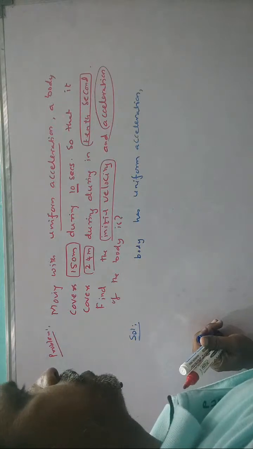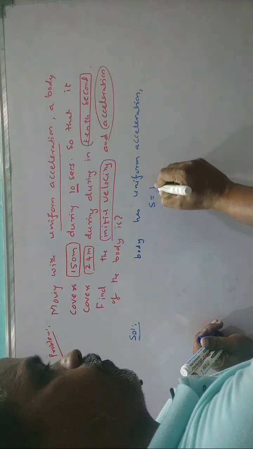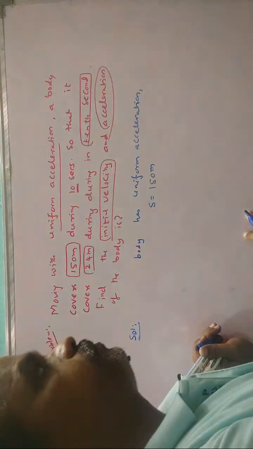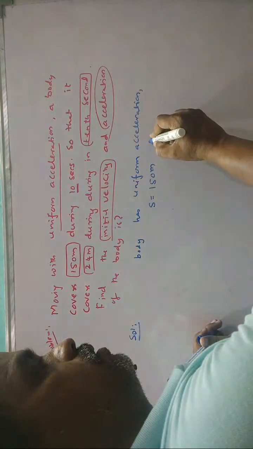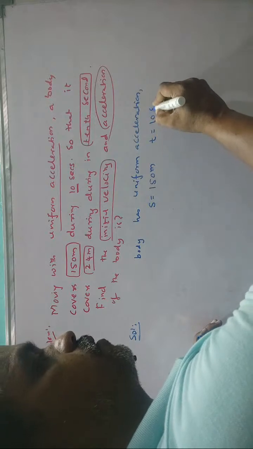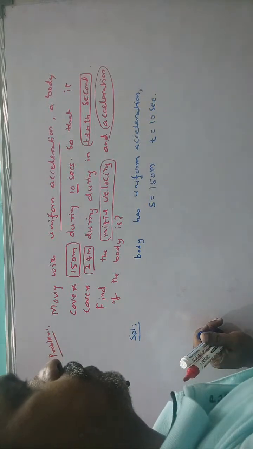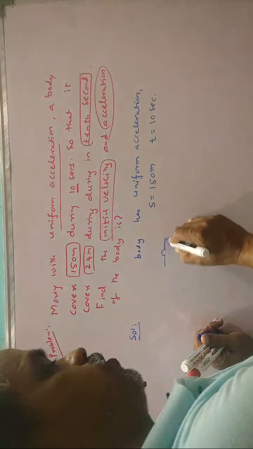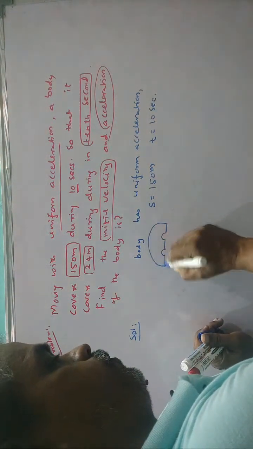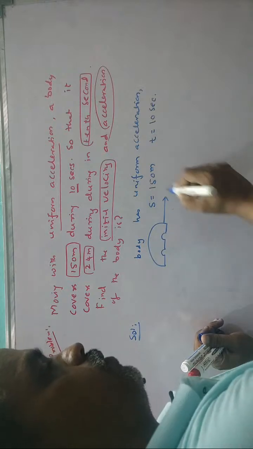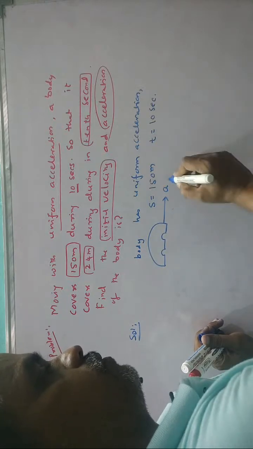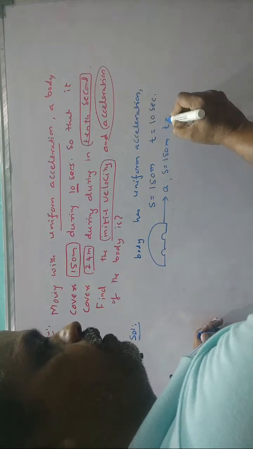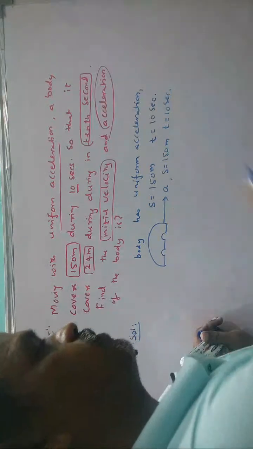A body covers 150 meter in 10 seconds. So the body, for example, this is the body. It is moving with uniform acceleration. It covers 150 meter in 10 seconds.